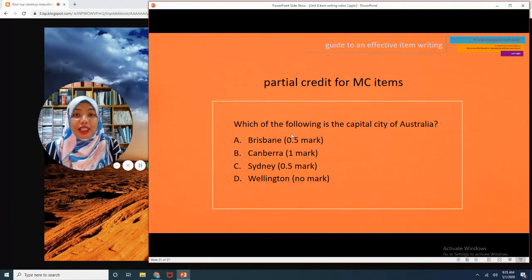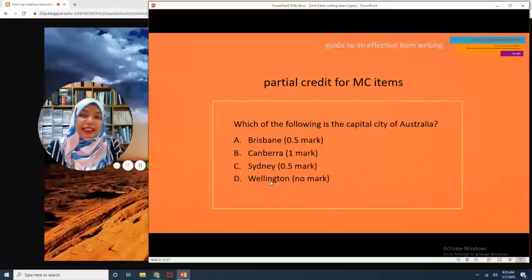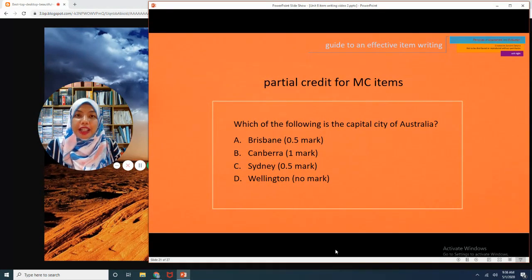So you can, if you want to, assign half mark, so 0.5, to A and C. However, those who answered Wellington are not given any marks because this is not a city in Australia, but a city in New Zealand. So partial credit items allow teachers to assign different weightage of scores based on different degrees of accuracy of responses provided by the students.